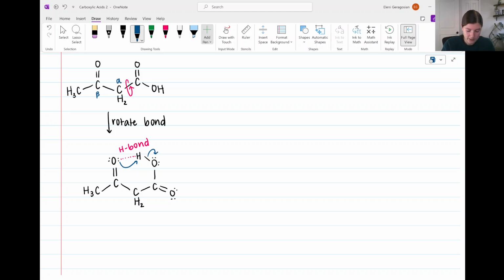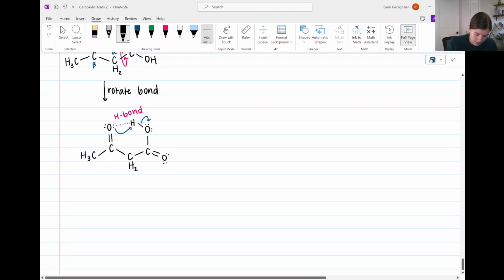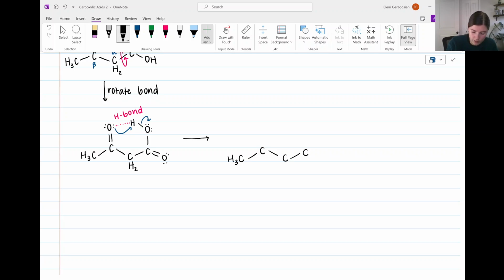And the bond to that hydrogen breaks, we have a negatively charged oxygen there. So if we show the result of this, we have all the atoms still in the same place except for the hydrogen. So now we have the ketone oxygen bonded to the hydrogen, and a negatively charged oxygen as part of the carboxylic acid group.